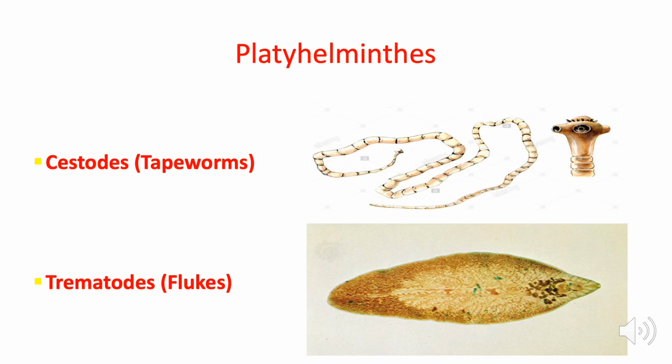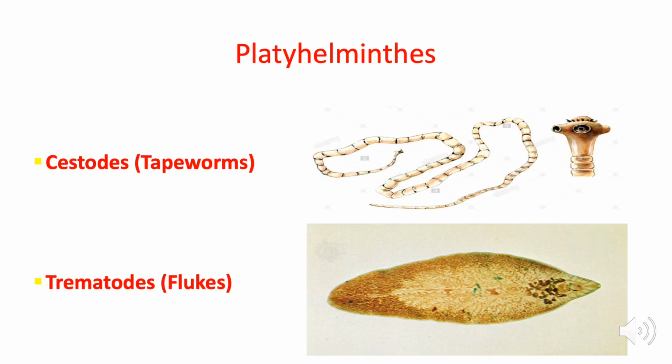And since the bodies of cestodes look like a measuring tape, these worms are referred to as tapeworms. Trematodes, on the other hand, are dorso-ventrally flattened, similar to the cestodes, but their bodies are unsegmented. Trematodes are also known as flukes.